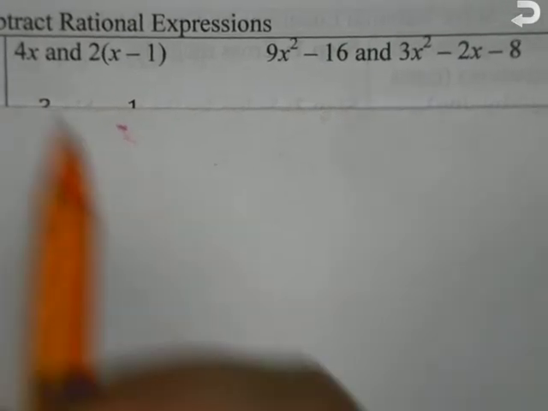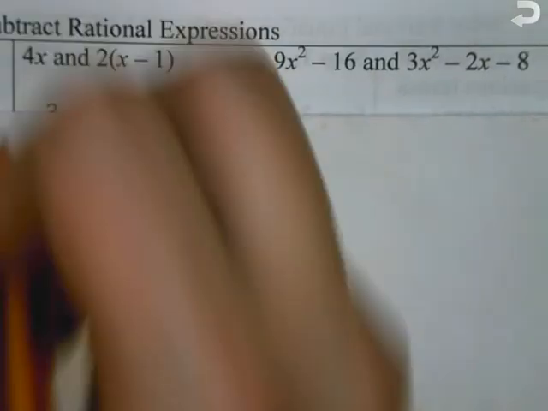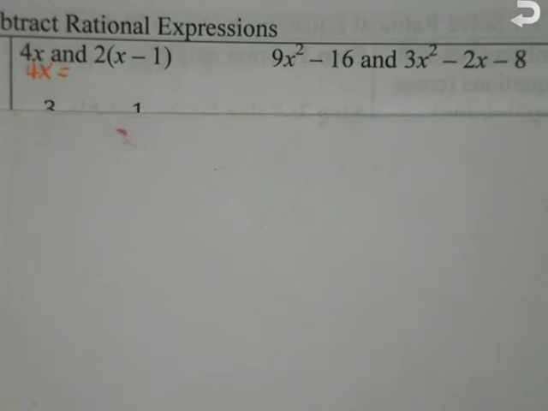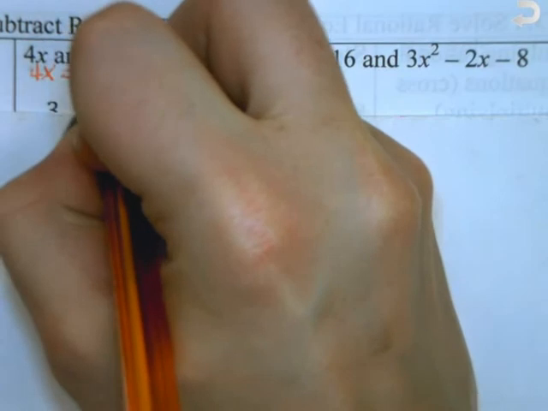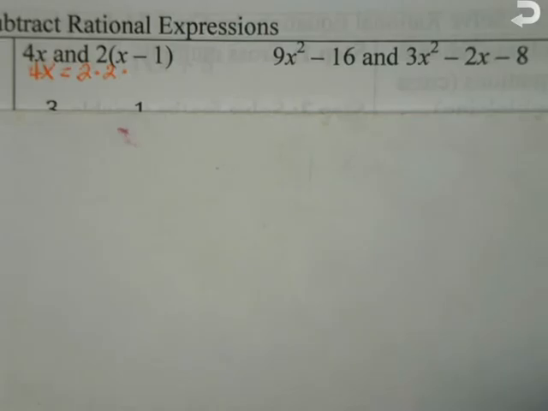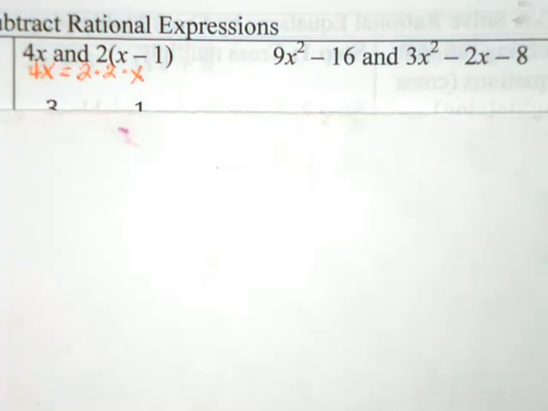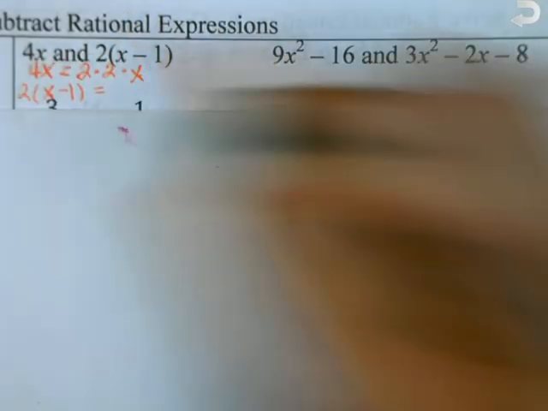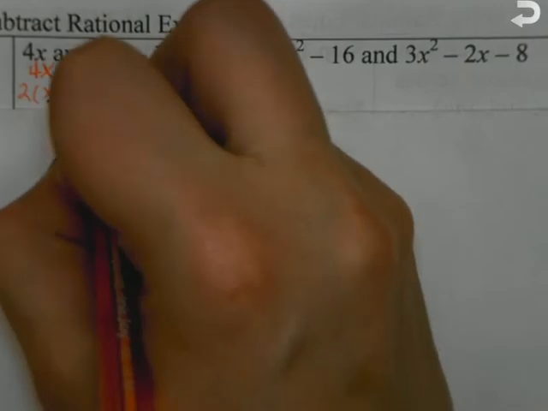We're going to work with these first. So we want to break 4x down as much as possible. How does the 4 break down? 2 and 2. So this is 2 times 2 times x. And then 2 times x minus 1 is actually kind of nice for us. It breaks down to 2 and x minus 1, so we leave them separated.